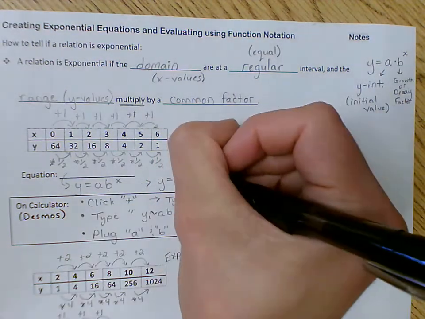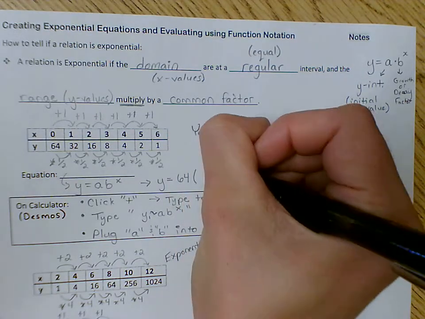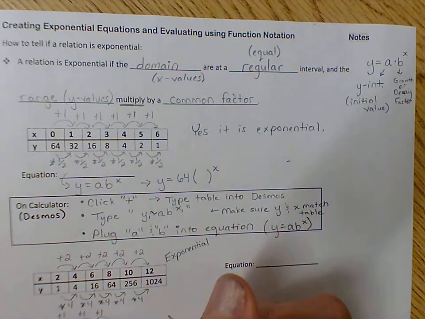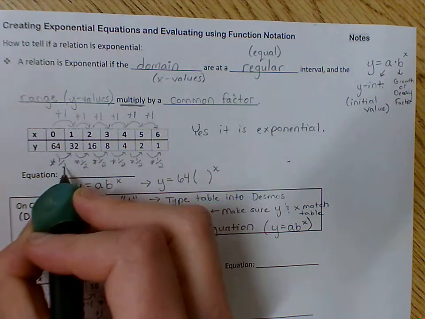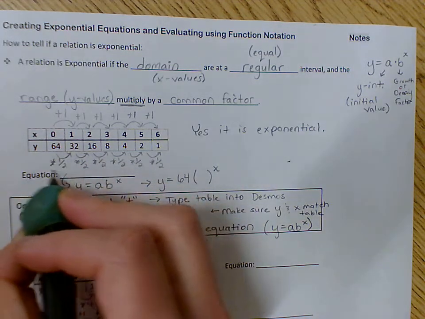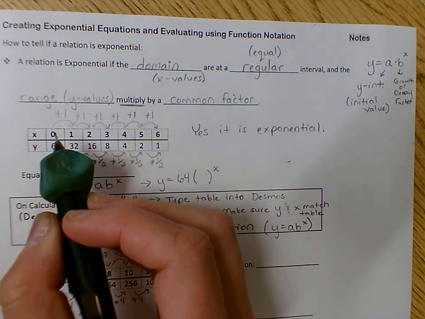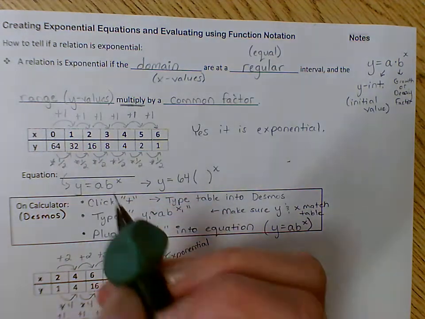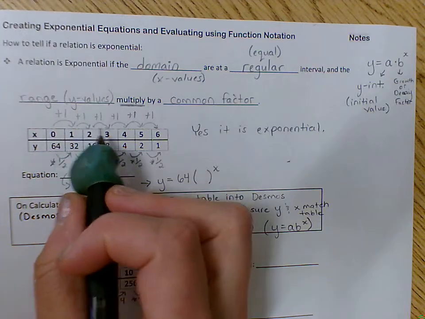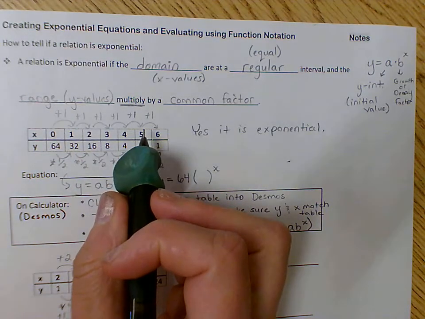And then to find the B, remember, B is whatever number you're multiplying by. And that's actually what we had just found right here. So the only reason this works exactly the way you want it to is because the x values had an interval of 1.